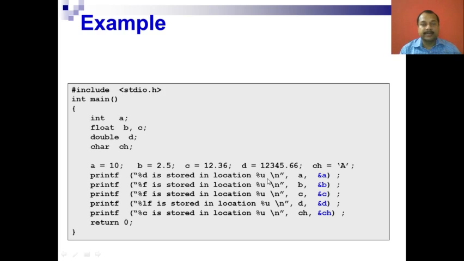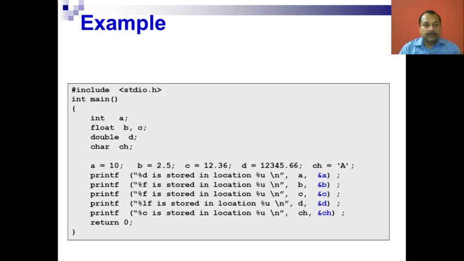Hexadecimal means 0 to 9, then instead of 10, 11, 12, 13, 14, 15, it is A, B, C, D, E, F, so 16 different digits. These A to F can be in small or capital; here it doesn't make any difference.